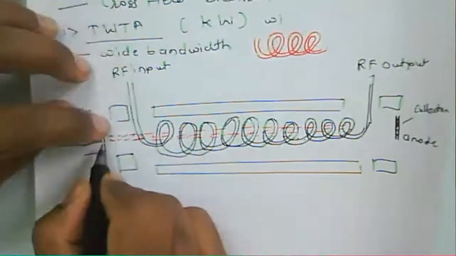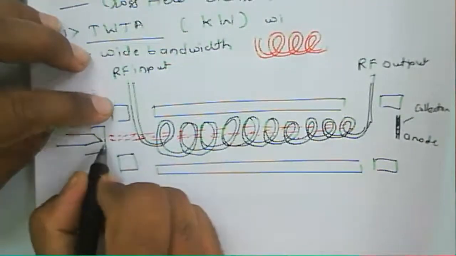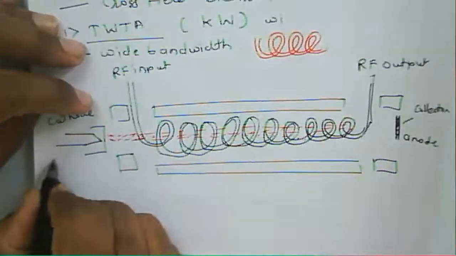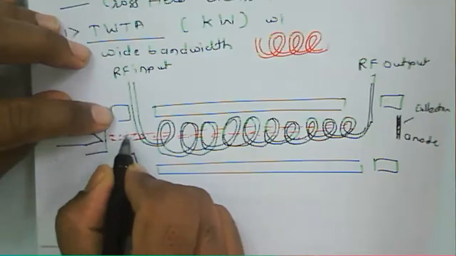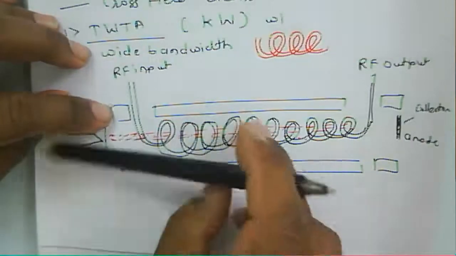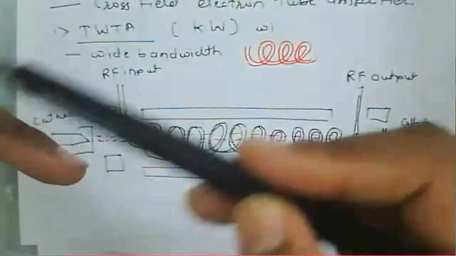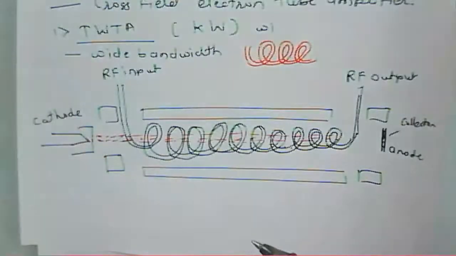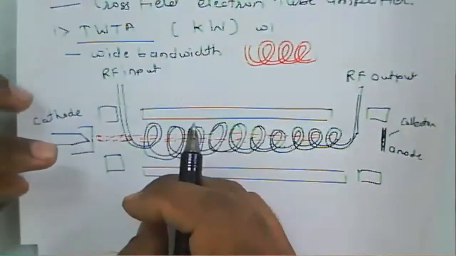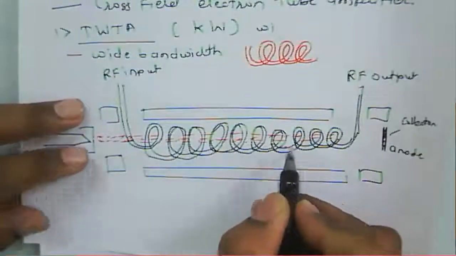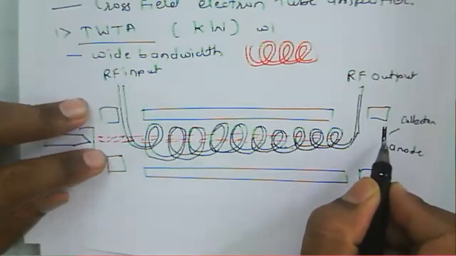If we heat the cathode element, electrons propagate through the helical tube. The helix is nothing but a spring; suppose that spring is a tube, and electrons propagate through it and are then collected at the collector.